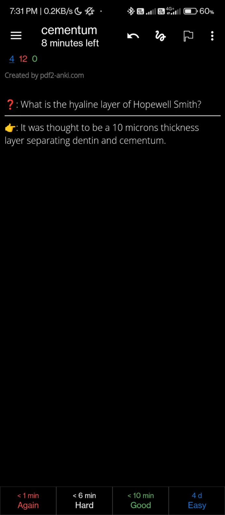The hyaline layer of Hopewell-Smith is a 10 micron thick layer separating dentine and cementum.